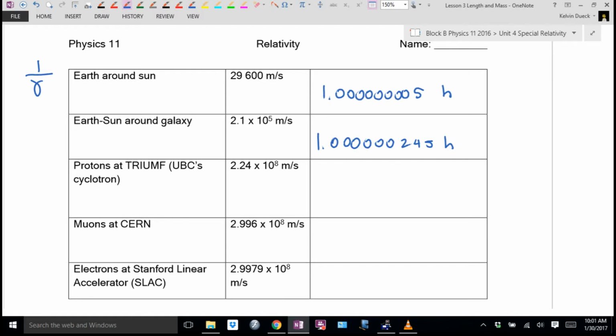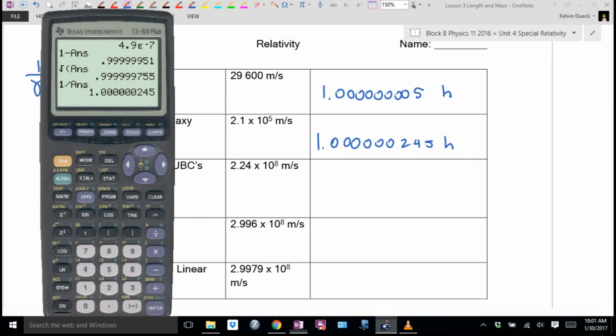UBC has a particle accelerator, a cyclotron. It's called TRIUMPH. It's an acronym, it stands for something, I can't remember what. But they get protons going at 2.28 times 10 to the 8. Let's plug that in for V. So it's going to be 2.28 times 10 to the 8 divided by 3 times 10 to the 8 equals.